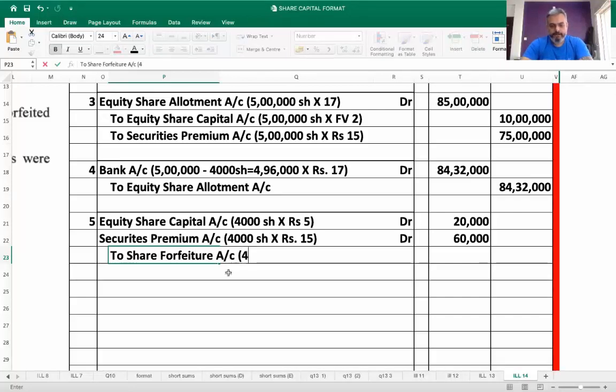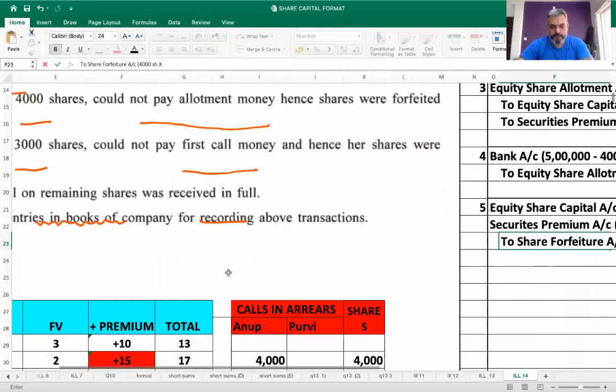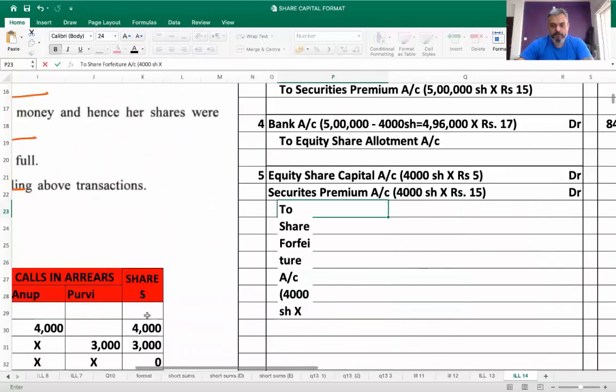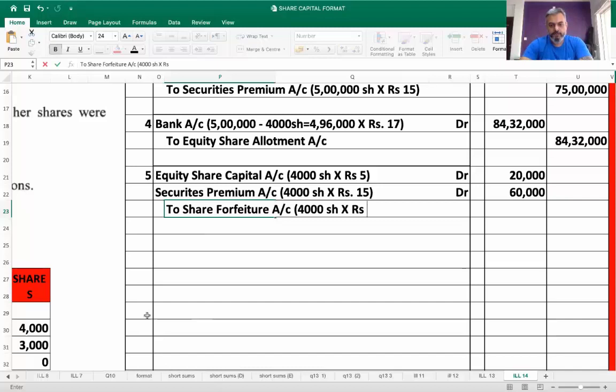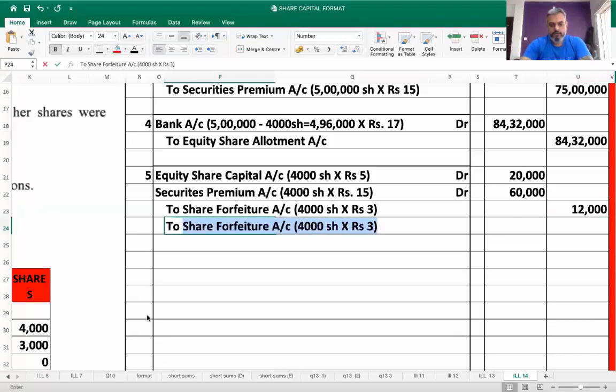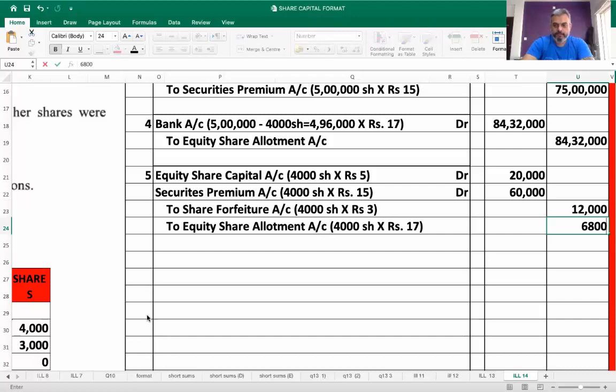We are forfeiting 4,000 shares. Amount received so far towards face value is only the application of rupees 3, so 4,000 into rupees 3, 12,000, to equity share allotment account, 4,000 shares into rupees 17 per share, so 68,000.